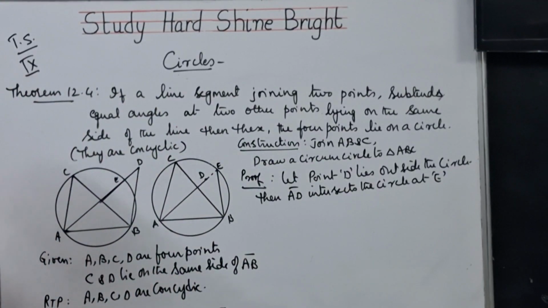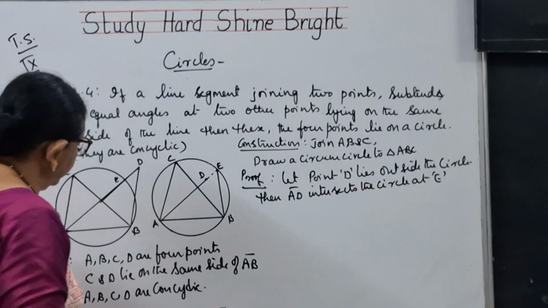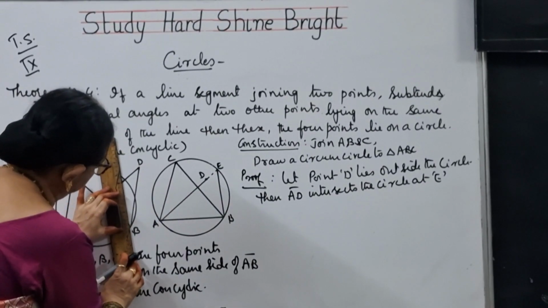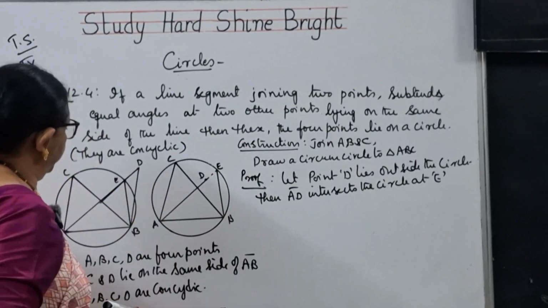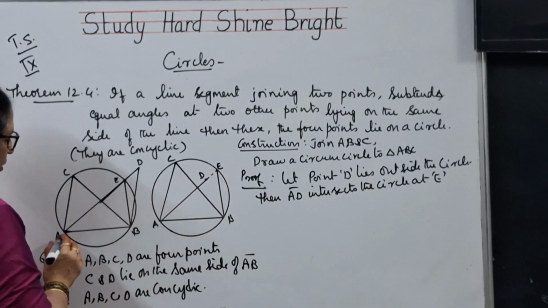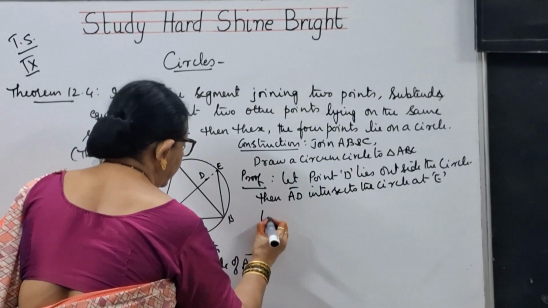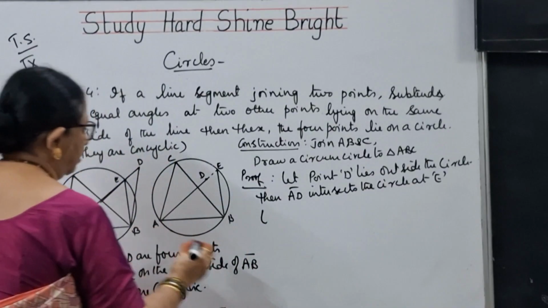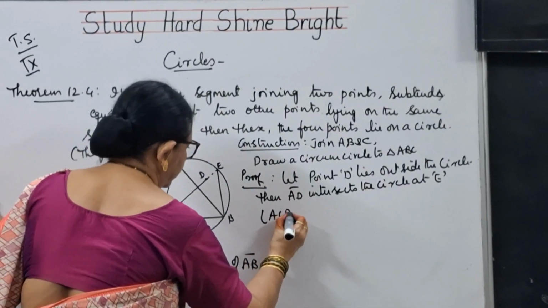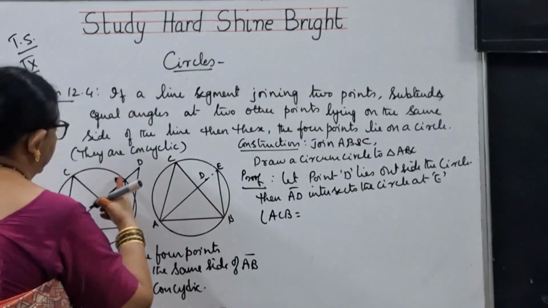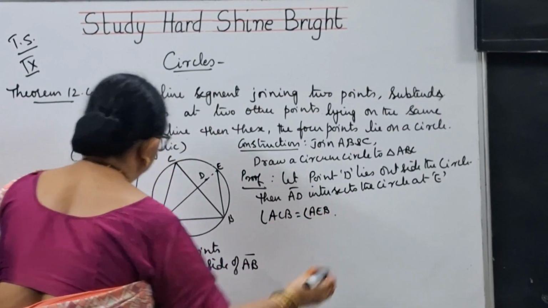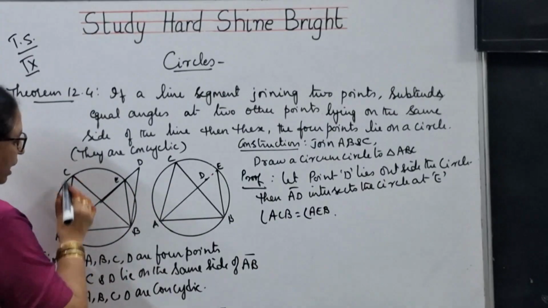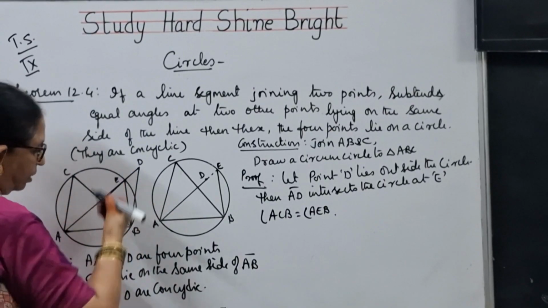Now, if it is intersecting at E, then on joining B and E, if you join BE, angle ACB is equal to angle AEB. Why is it? They are the angles made by the segment on other side.